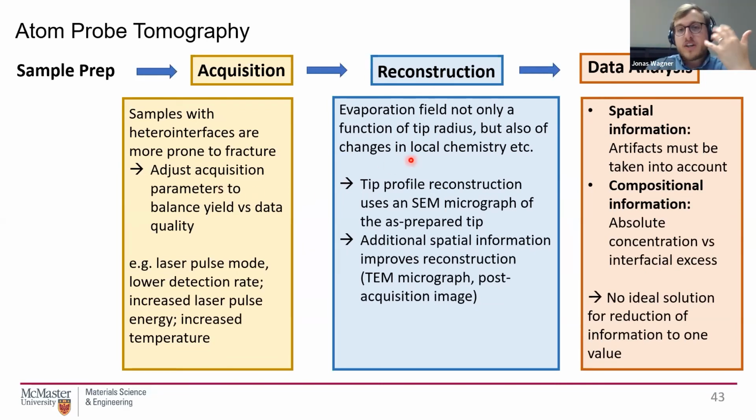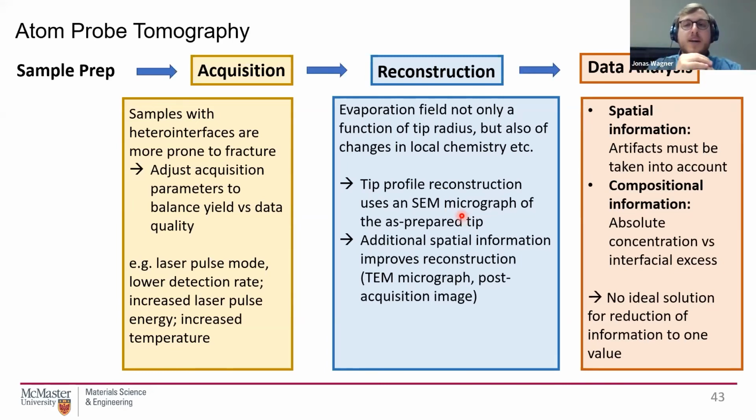In terms of reconstruction, we know that because we are running through different materials, the voltage curve will not only change based on the tip radius, but also based on the chemistry of the sample. So we cannot use that as our sole basis for our tip profile reconstruction. We usually use an SEM micrograph: as we prepare in the FIB, we take an image at the end of the tilted specimen.